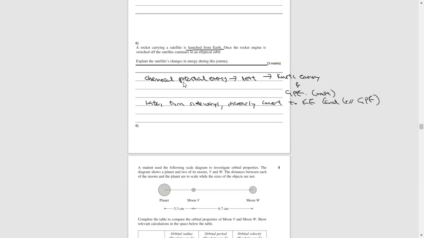So you're converting chemical potential energy into KE and GPE. Your GPE is continually increasing, but staying negative, and your KE is continually increasing. Now, once the rocket engine is switched off, there's no more energy given. So once the engine is switched off, the total energy is constant.